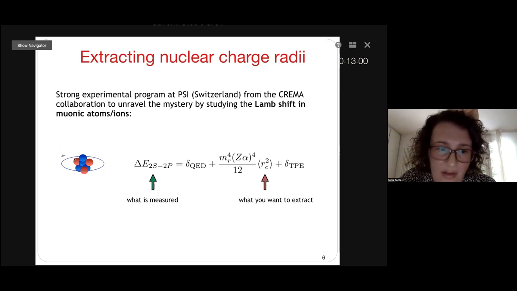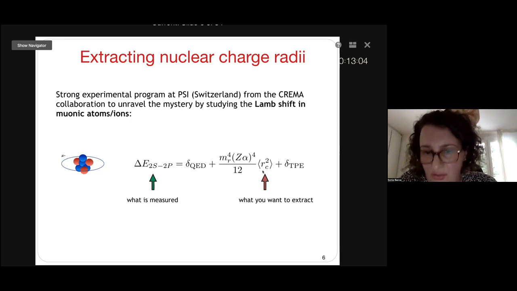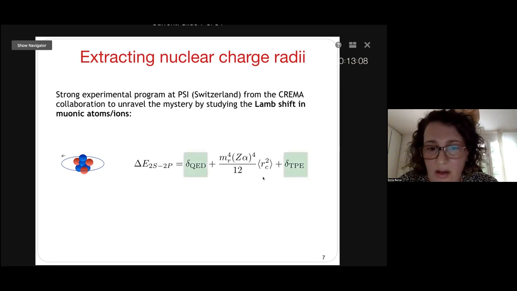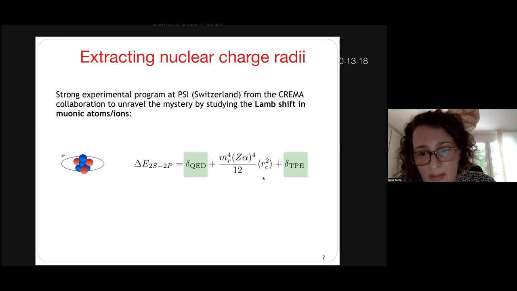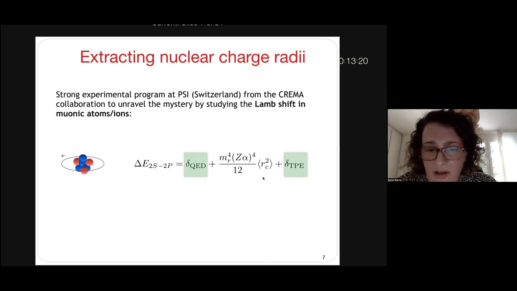If you have a nucleus orbited by the muon, that will be the charge radius of the nucleus. This works only if you know these other two terms, which are not directly measured, and they should be provided by the theory. The first one is very well known. It's the QED effect, it's the bulk of it, and it's known with high precision.